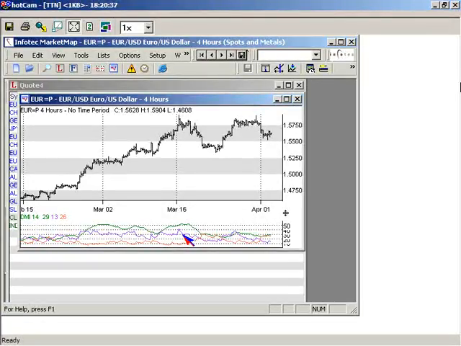That ADX was developed by J. Wiles Wilder, and it's important with the DMI, the ADX line, which is the green line here. You'll see that it moves up, consolidates, moves up again, and as it's increasing in value, it is defining a trend.